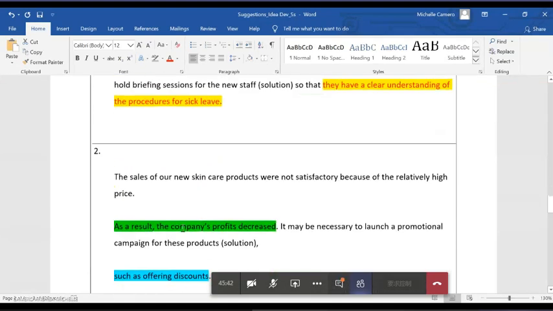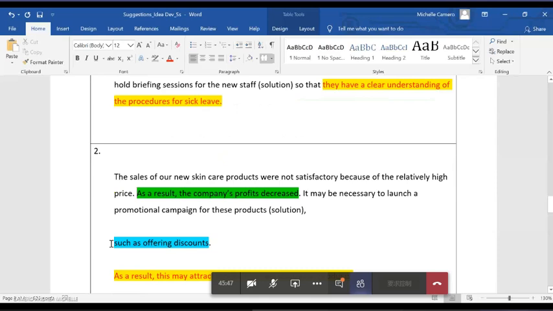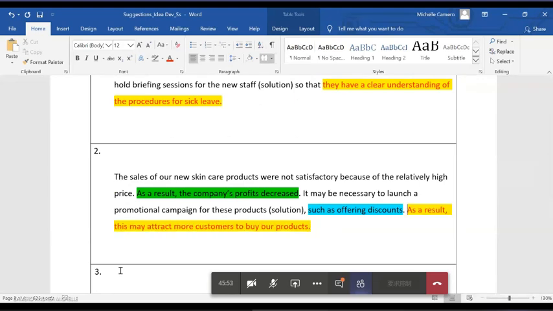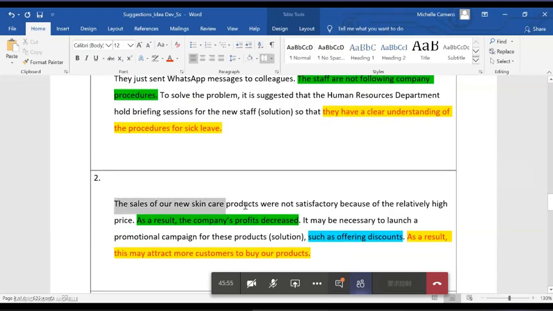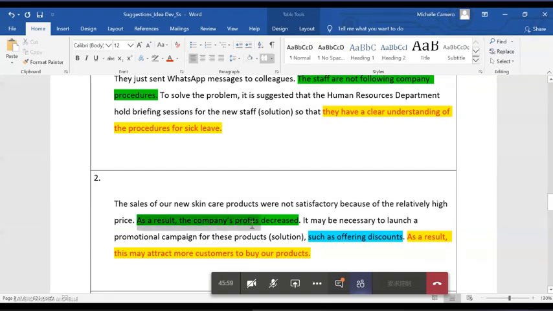All right, for the next one, let me put these together. Okay, again, here is the other problem and more information about the problem. Then remember in green, the green is the negative effect on the company or customer because of the problem.